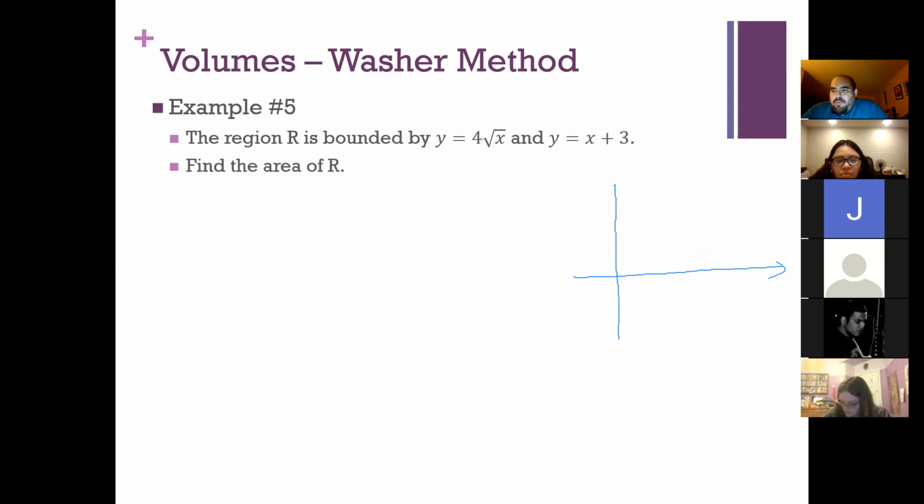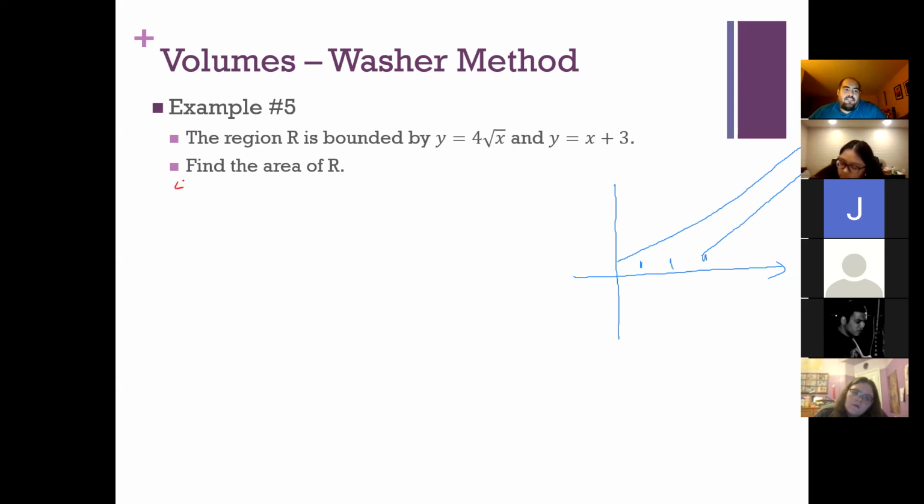But there's something we might be able to do in advance that would help us with this graph. And find the bounds. Yeah, find the bounds. So yeah, the bounds are going to come from where these graphs intersect.